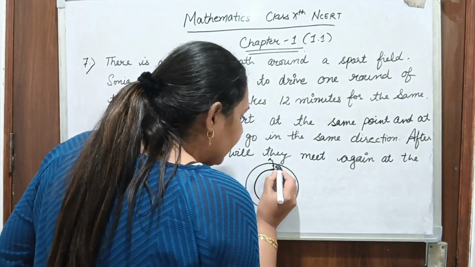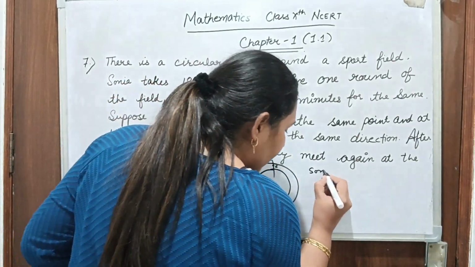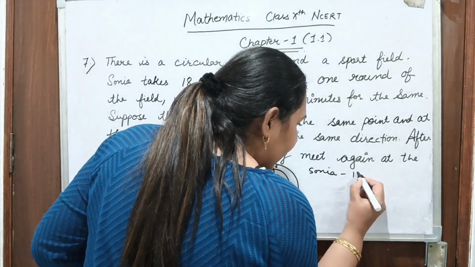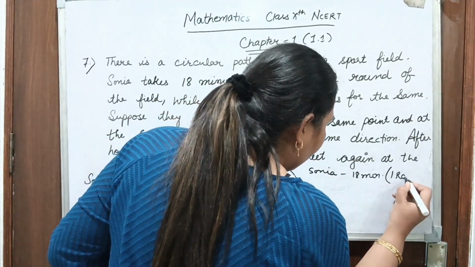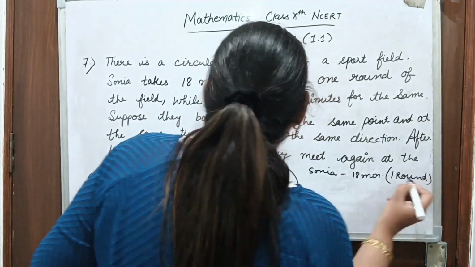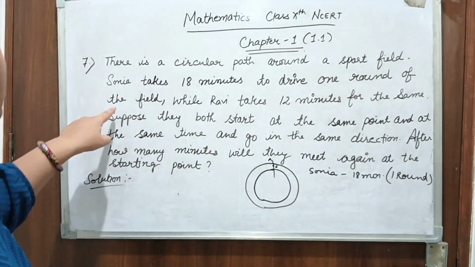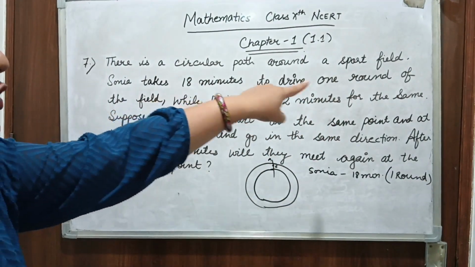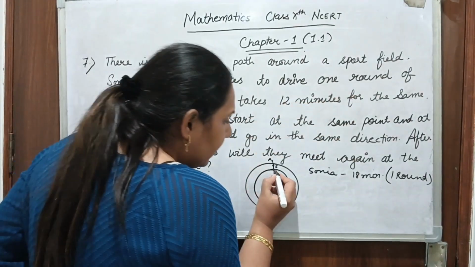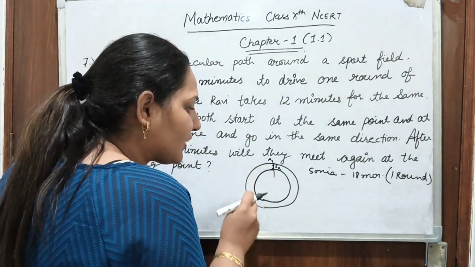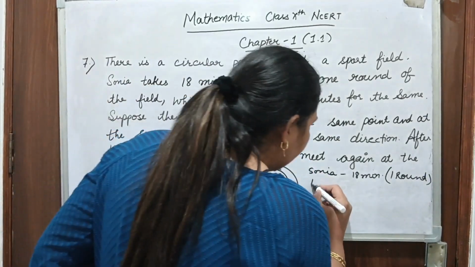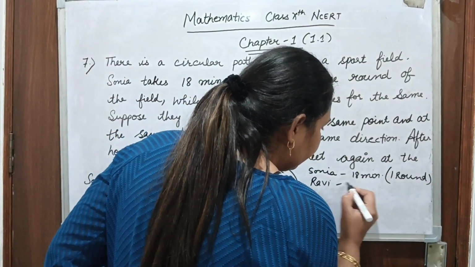Sonia takes 18 minutes to complete 1 round, while Ravi takes 12 minutes for the same. There is another boy named Ravi, and he takes 12 minutes to complete the round.